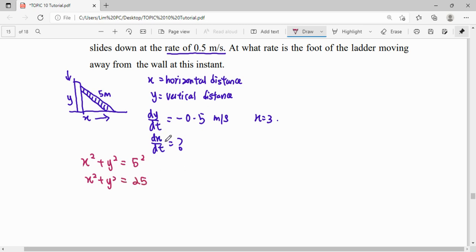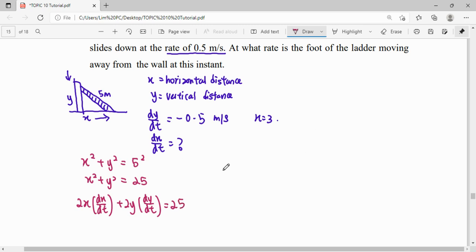In order to find dx/dt, we are going to differentiate this equation implicitly. We will differentiate each variable with respect to t. When we differentiate x with respect to t, it will become 2x dx/dt, because x is not our independent variable t. Meanwhile, for y also, we differentiate, so it will become 2y dy/dt.